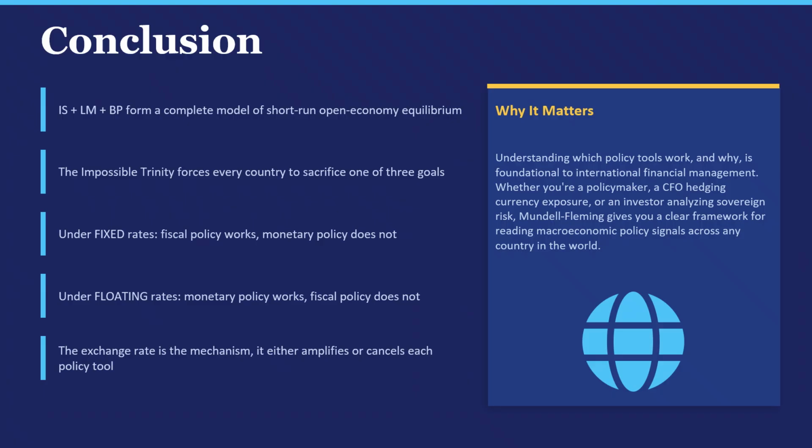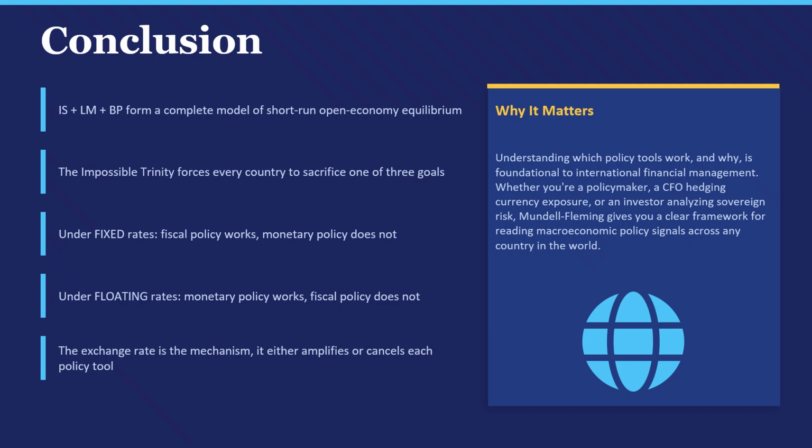In conclusion, the Mundell-Fleming model is built from three curves: IS for the goods market, LM for the money market, and BP for the external balance. Together, they describe short-run equilibrium in an open economy. The impossible trinity tells us every country must make a sacrifice. You cannot have a fixed rate, free capital, and independent monetary policy all at the same time.